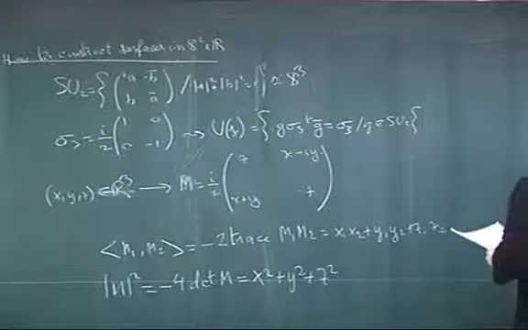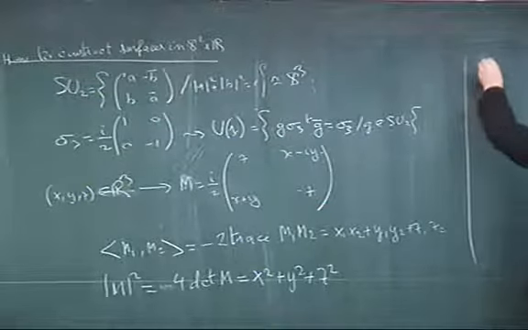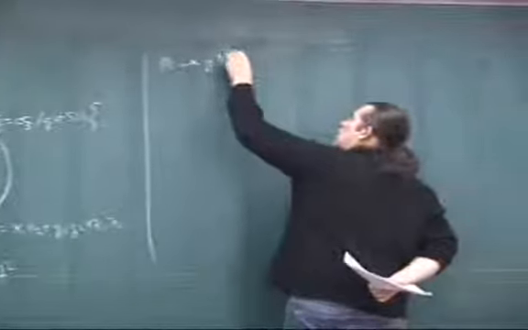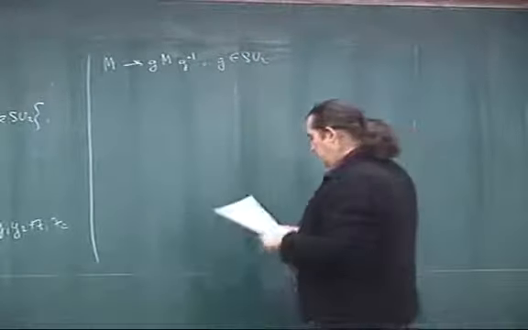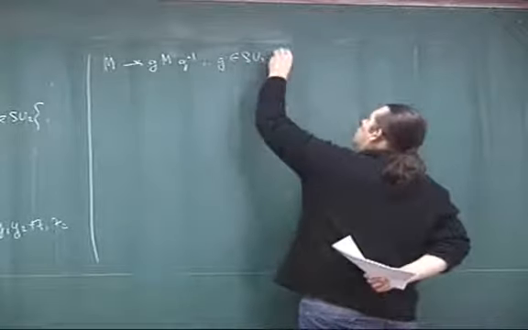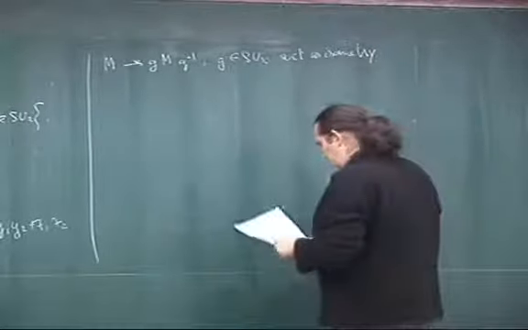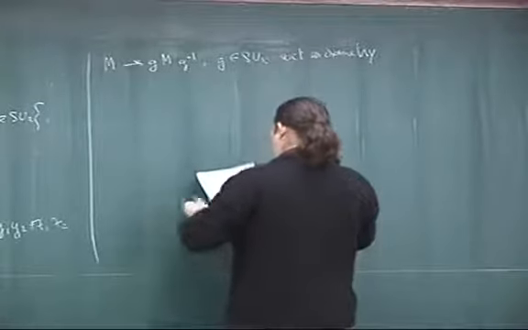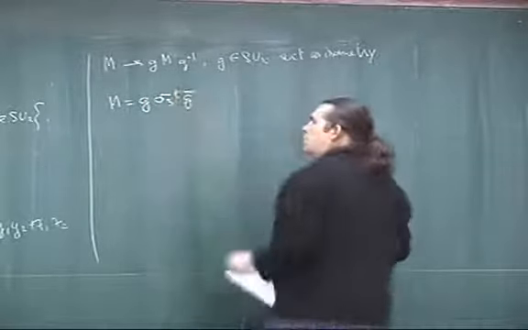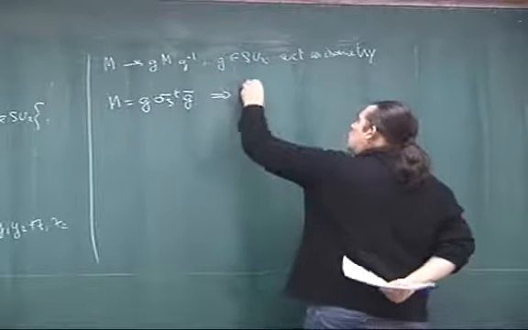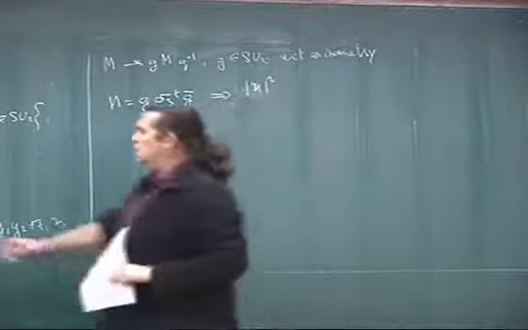Then when I look at g M g inverse, for g in SU2, it acts as an isometry on S2. And what I am looking at is that if M is of type T g bar, then M squared, with sigma 3 like that, is 1.